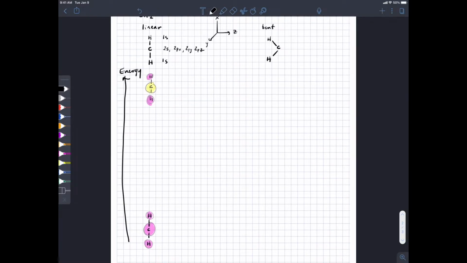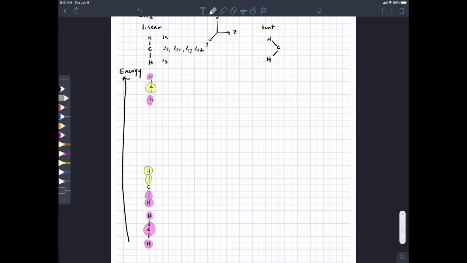Well, I guess you could imagine the 2px orbital on carbon overlapping with 1s orbitals on hydrogen, and you'd have a wave function sign change at the carbon nucleus. So something like this and that.